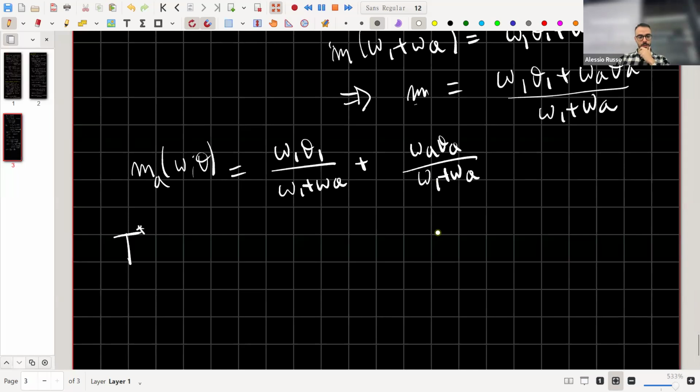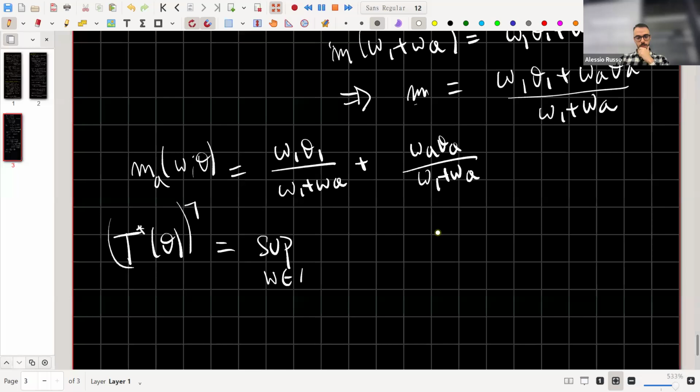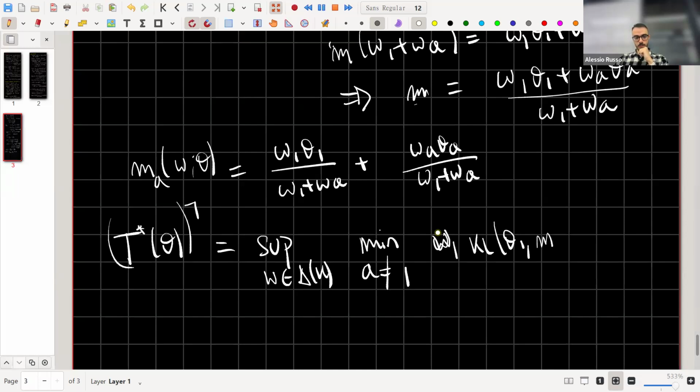And so at the very end, we have shown that the inverse of the characteristic time is also equal to the supremum over W in the simplex of the minimum over A different from 1 of W1 times KL(theta 1, M_A(W)) plus W_A times KL(theta A, M_A(W)).